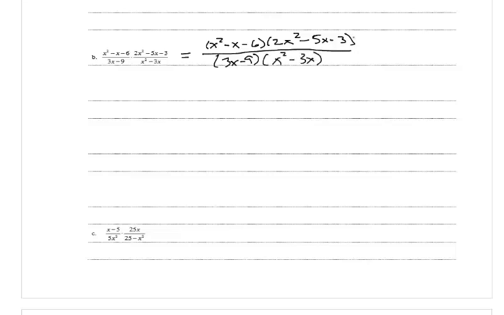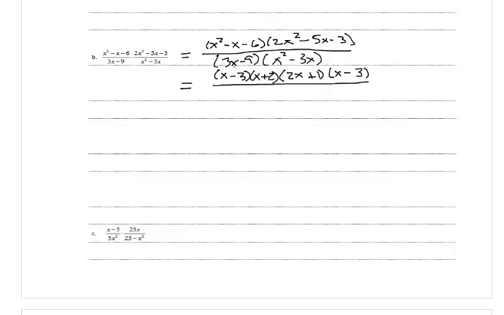Now I want to write as many of these as I can in linear factors. So I have x minus 3 and x plus 2 for x squared minus x minus 6. And then 2x squared minus 5x minus 3 gives me 2x and x, and to get negative 3, negative 3 and 1.